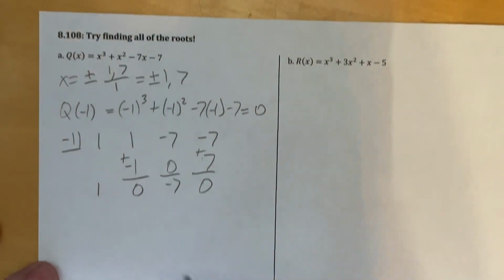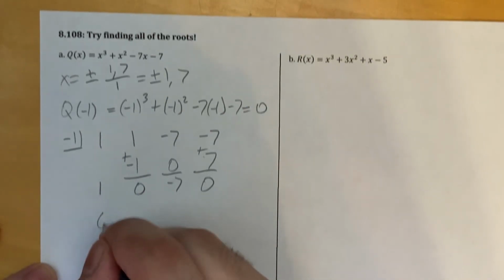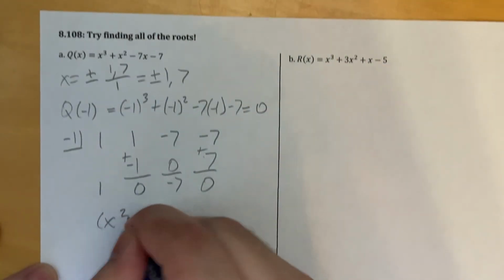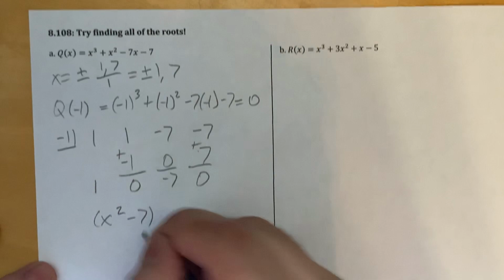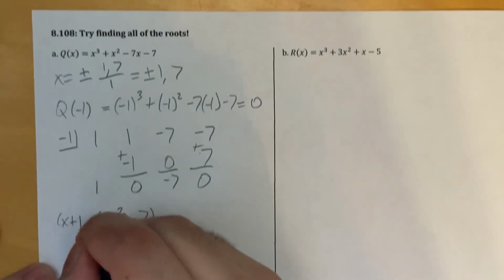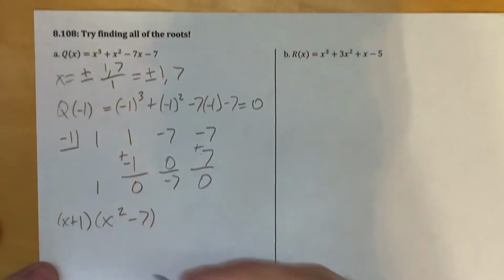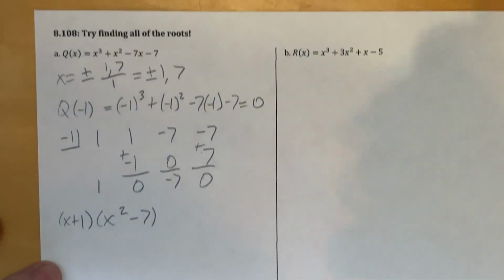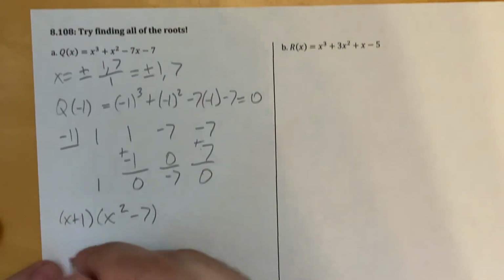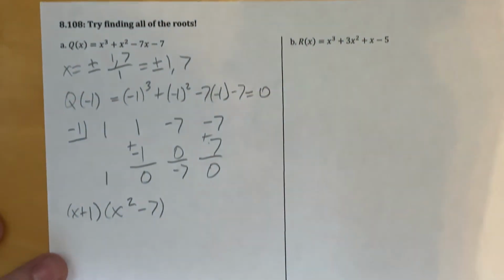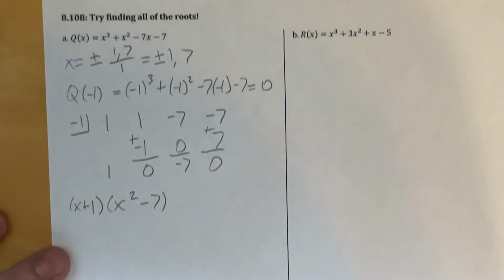So what is our new factor? We're going to get x squared plus 0x minus 7 times x plus 1. Right? Because negative 1 is still a factor. It's still a root. So what is the root? Can we solve for the root? Yes we can.